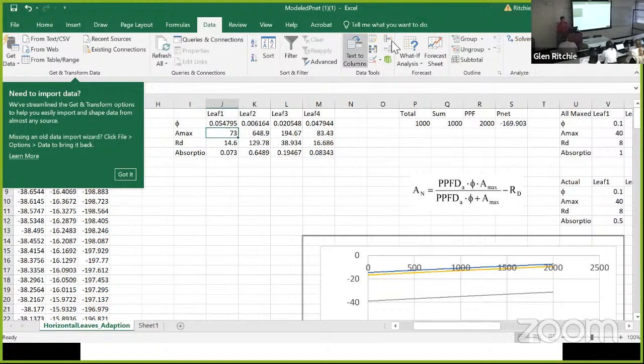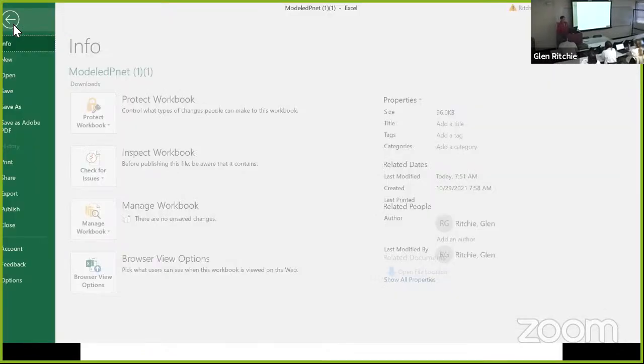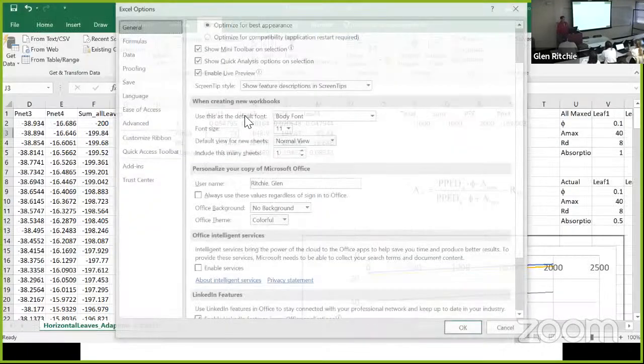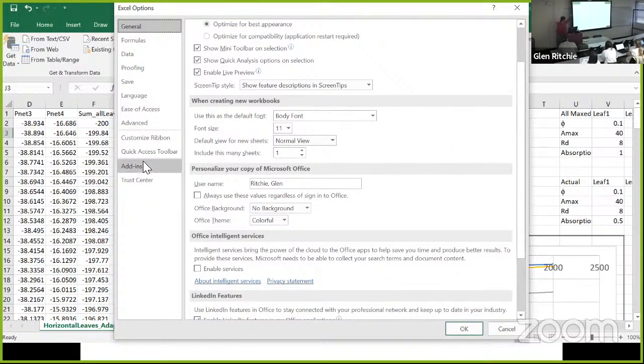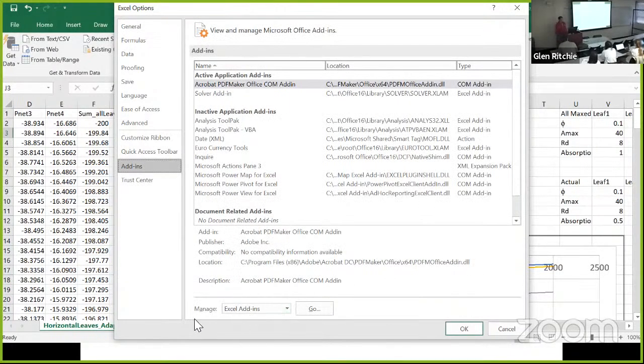Solver shows up under the Data tab here, or sometimes it does not show up under the Data tab. If you go to the Data tab and look on the far right side and Solver does not show up, you need to do the following. Go to File, go to Options, and it'll pop up to this. Don't be intimidated by all this stuff here. All you've got to do is go to Add-ins, and then at the very bottom where it has the Excel Add-ins, go to Go.